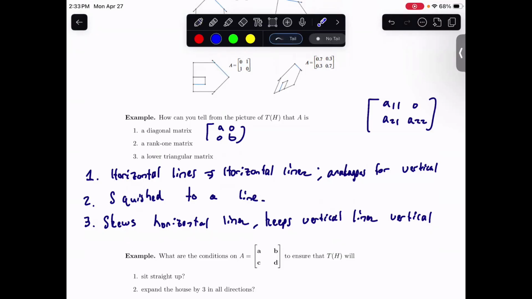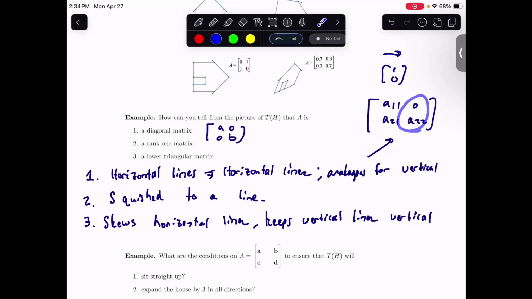If you take some x vector here, it gets transferred to a11, a21. If I had the vector 1, 0, it means that it's now going to be a11 units to the right and then a21 units upwards. So it takes a vertical line and makes it something like this instead, so it turns diagonal.